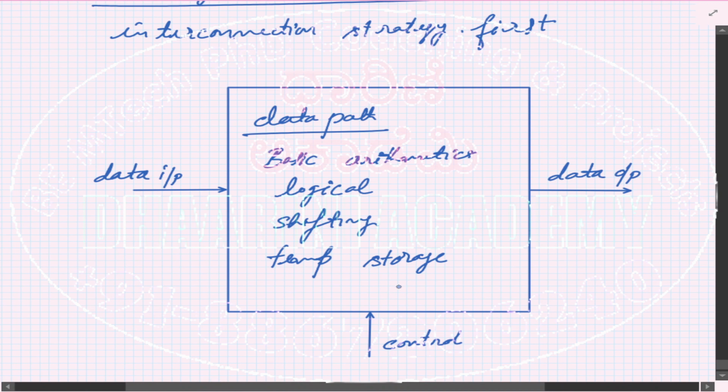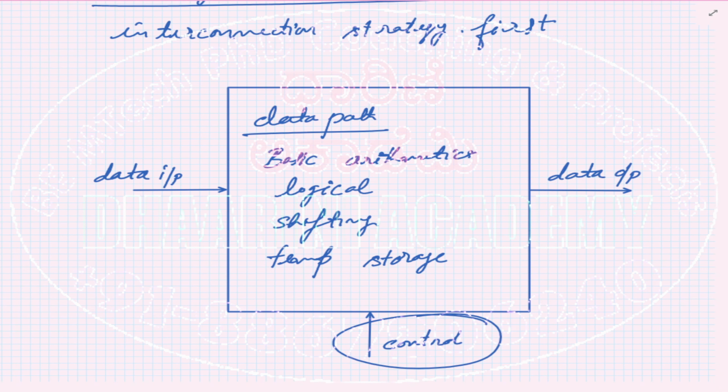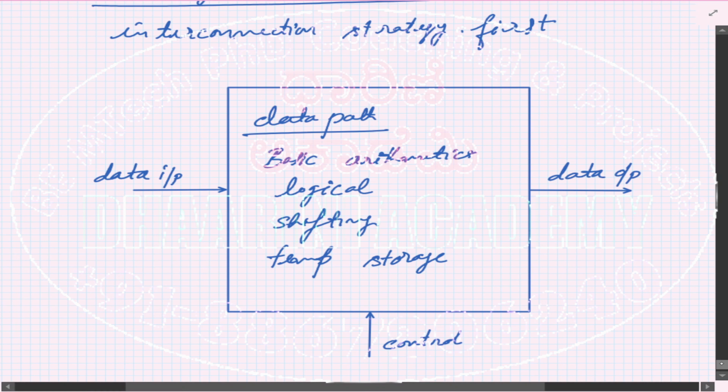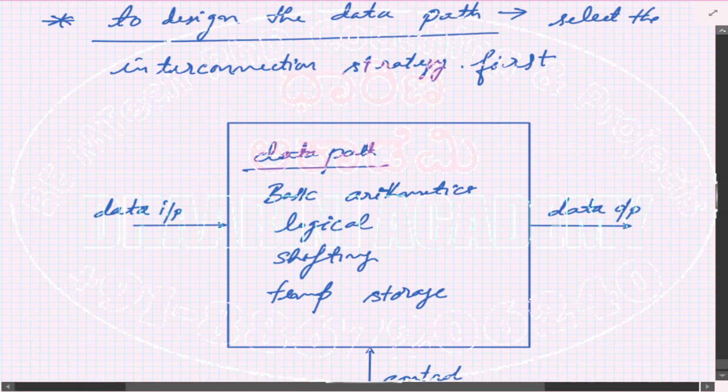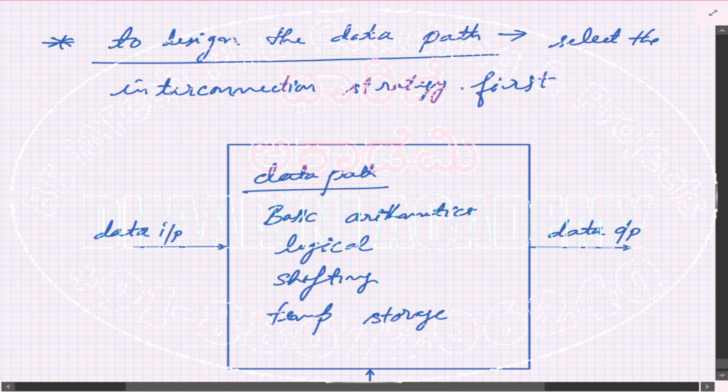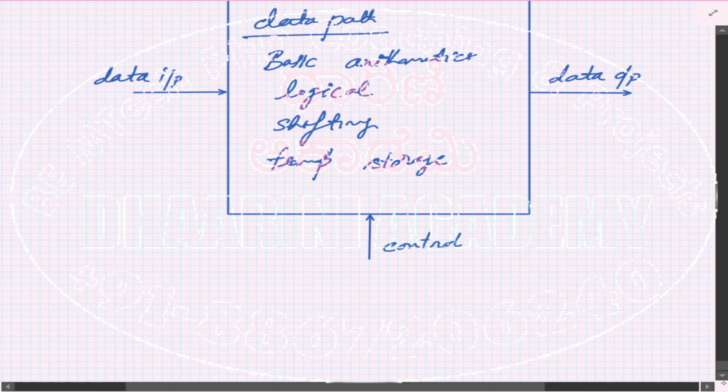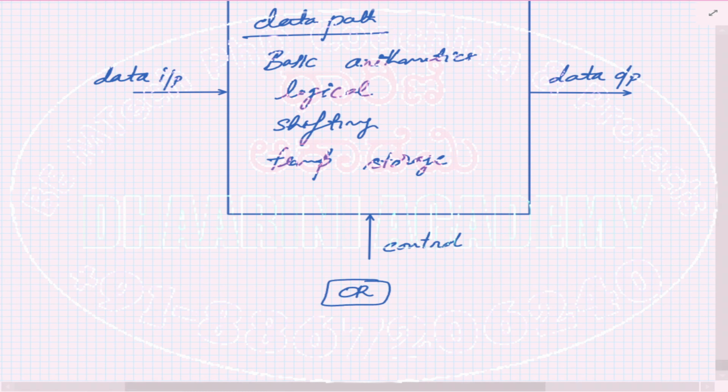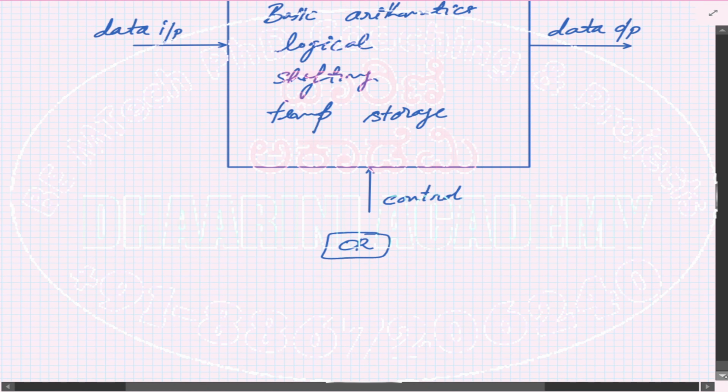You do these operations along the data path according to the control issued, and once you have the result, provide the output. Our point here says to select the interconnection strategy. How do you do the interconnection of this? This is the first option, or I'll write an or here, because you need to choose either this or the next one.